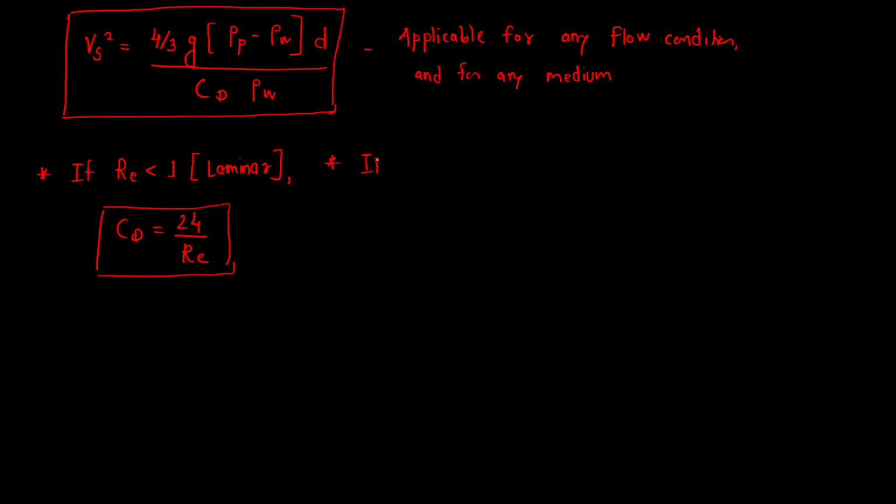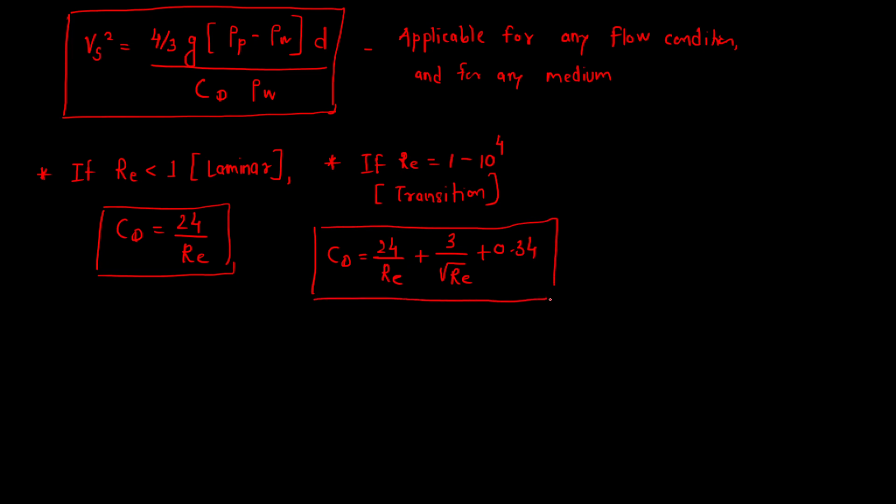Second, if Reynolds number is between 1 to 10 to the power 4, then this flow is transition flow. And for transition flow, CD is equal to 24 by Re plus 3 by root Re plus 0.34.